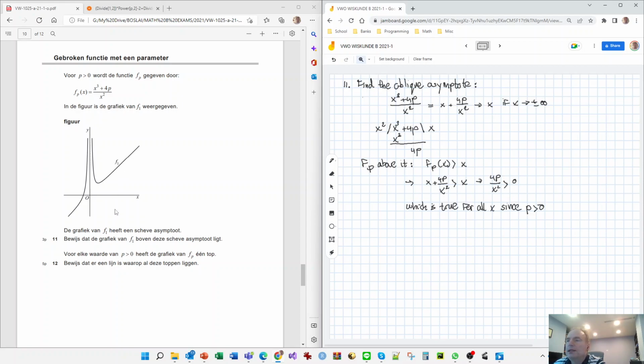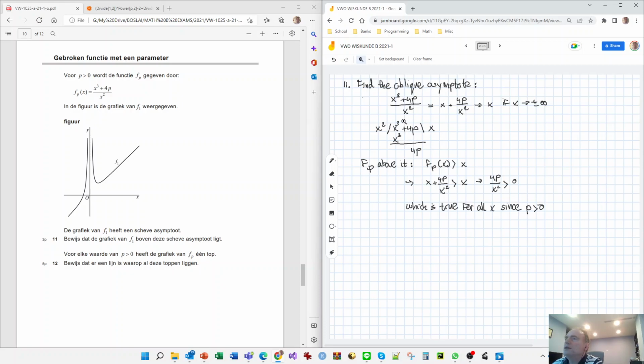And they say that f_1 has a so-called oblique asymptote, which kind of makes sense if you look at it. And they just want to prove that this asymptote is actually below f_1. f_1 is above this asymptote. Okay.